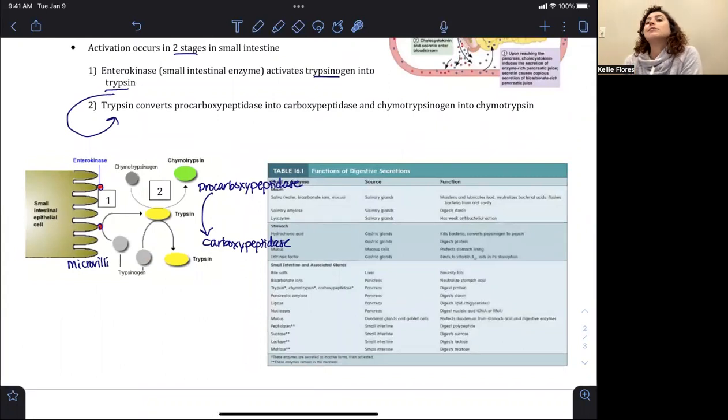Trypsin then goes and does the next step. Trypsin says, all right, I'm going to activate chymotrypsinogen into chymotrypsin. And so those three enzymes that are now active will digest proteins. But you don't want protein digesters anywhere else in the body, or else you start eating yourself from the inside, right? So we don't want that. So it has to be very controlled.